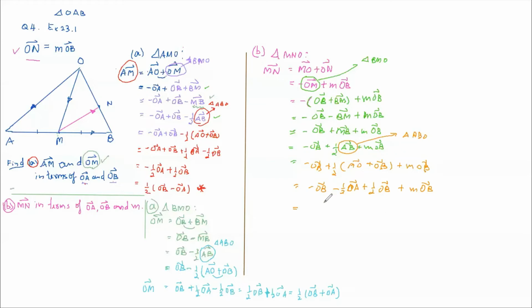Then the OB terms, three of them, you can combine. Take the common vector OB out, so you have minus 1 plus 1/2 plus m, and then minus 1/2 OA.